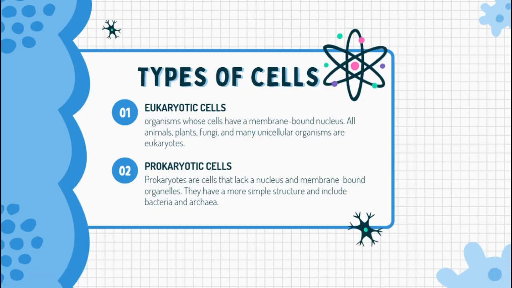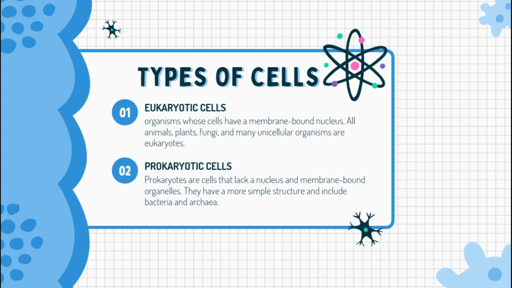Before we get into that, we have to know that there are two main broad categories that all cells fall into. Either the cell is a eukaryotic cell or a prokaryotic cell. Eukaryotes have nuclei, right?